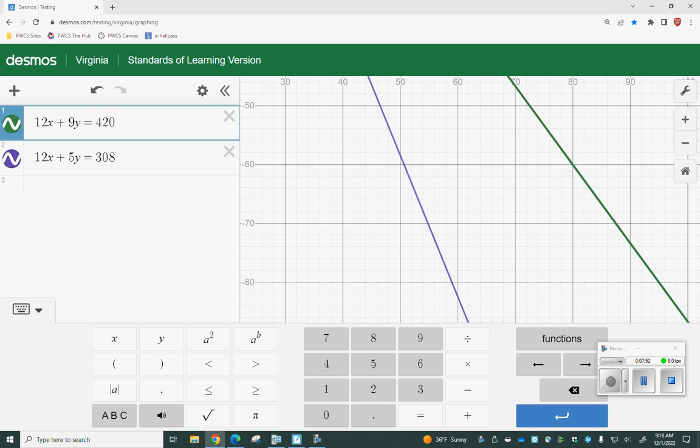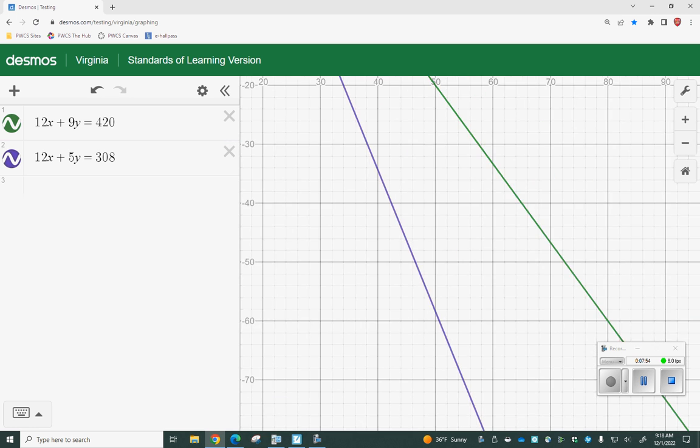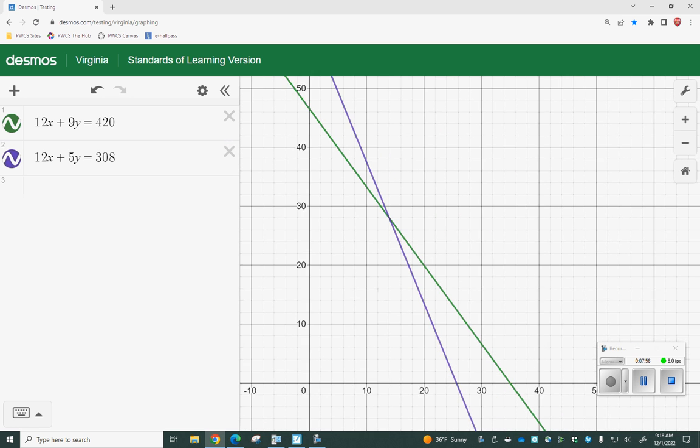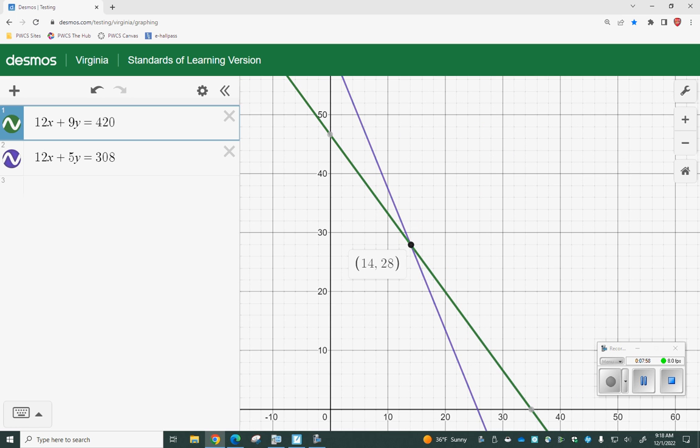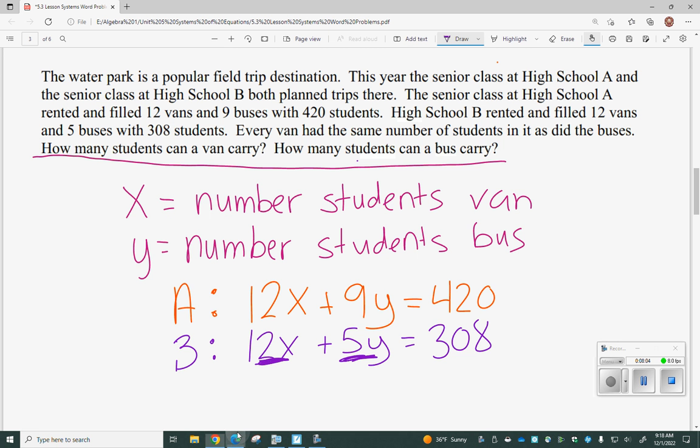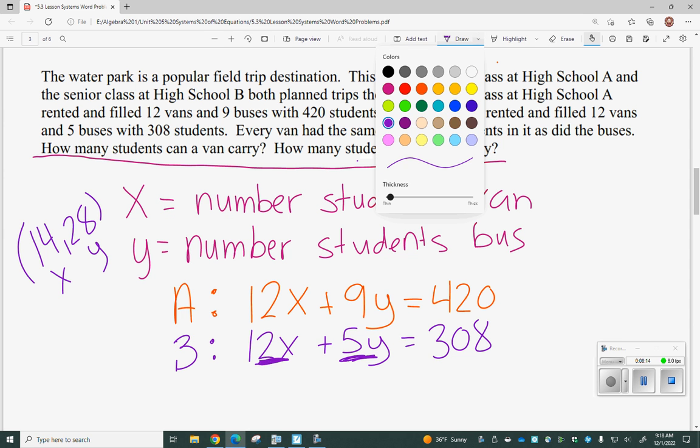So now I'm going to go back and I'm going to find the place where I crossed. So if you did this correctly, like I didn't, you might have found this sooner. There we go. We have a nice integer answer, (14, 28). So I'll copy that down. And of course, my x is my first number and my y is my second number. That's the way it works for coordinates.